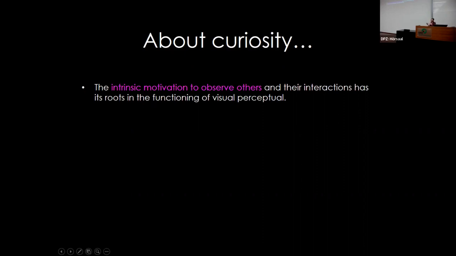So I think what this research is suggesting is that some of this motivation is rooted in the functioning of our visual perception. Our visual perception spontaneously drives us to see and detect social relations, which is the basis for social learning.